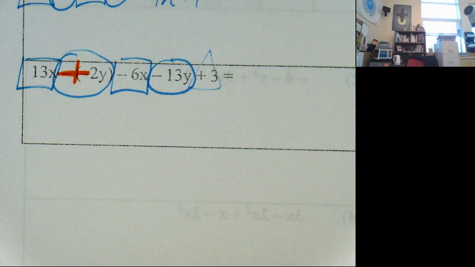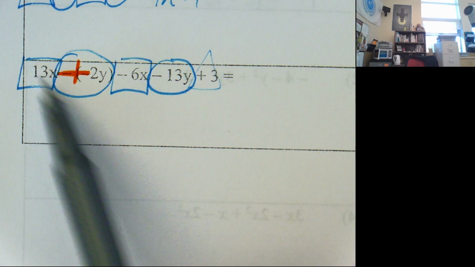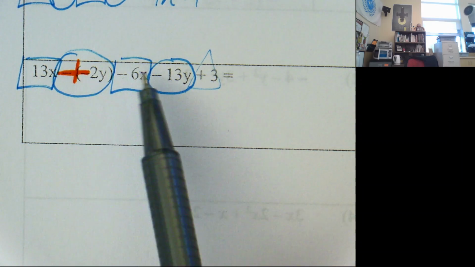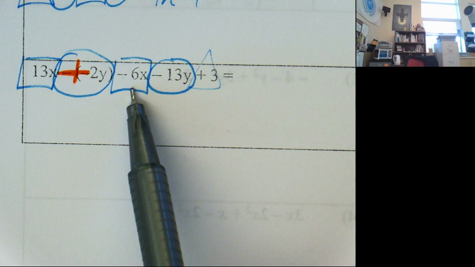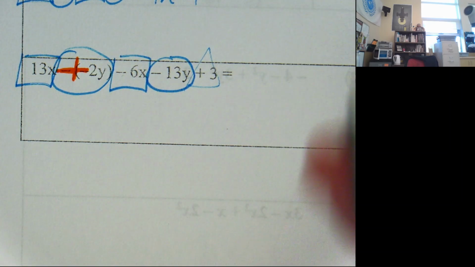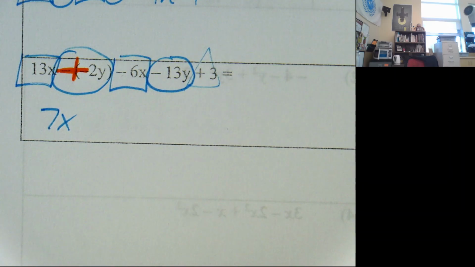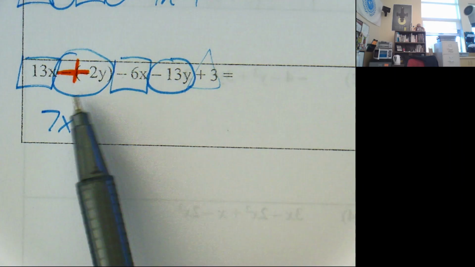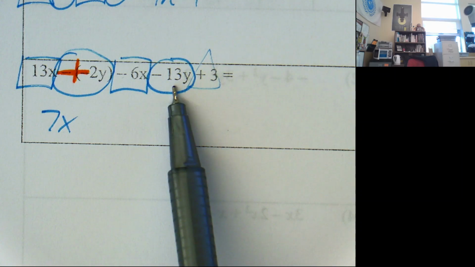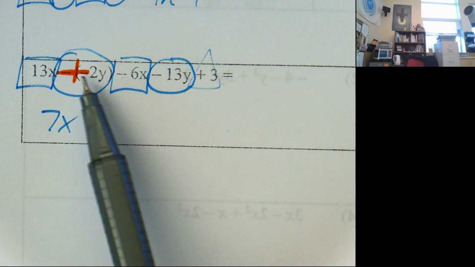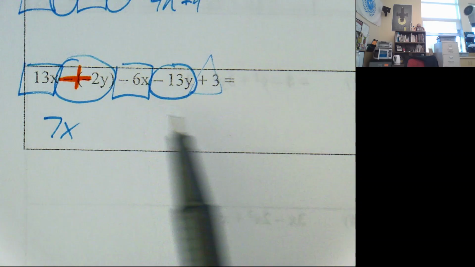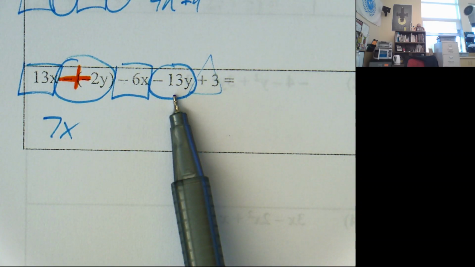So now let's go left to right. I have a 3x, so sorry, I have a 13x minus 6x. 13 minus 6 is? 7. 7x's, you betcha. Now I have a plus 2y minus 13y. If I'm at positive 2 and I'm going down 13, that'll be minus 11.